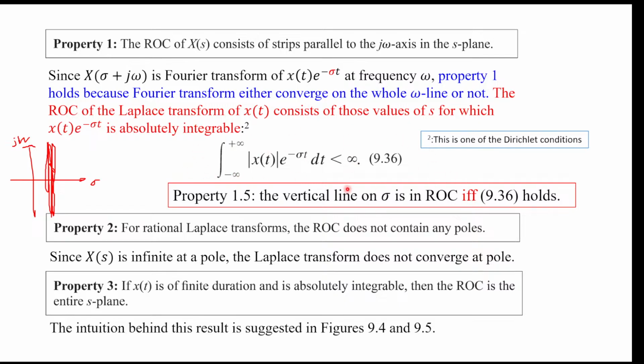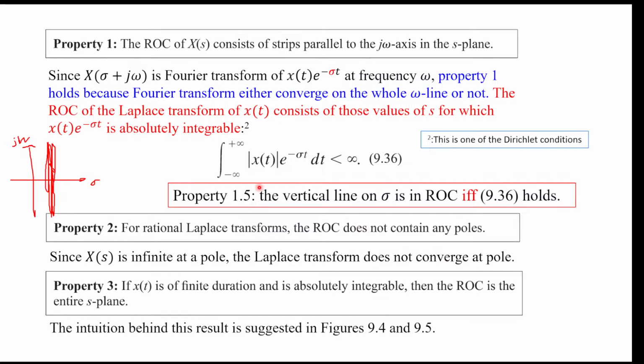And I guess the motivation for this is that remember this is one of the Dirichlet conditions. For those of you who remember the Dirichlet conditions, there are actually 3 of them, and this is only one of them.